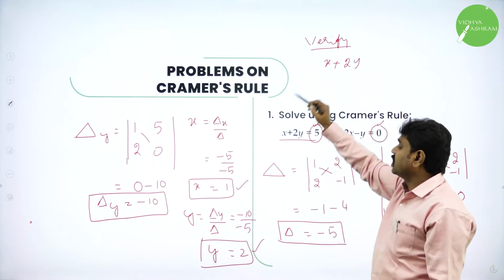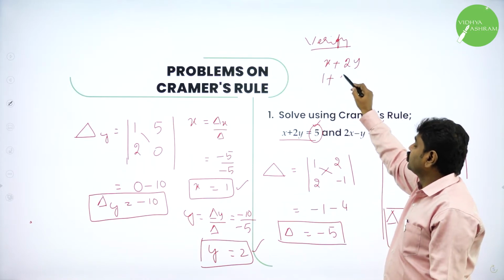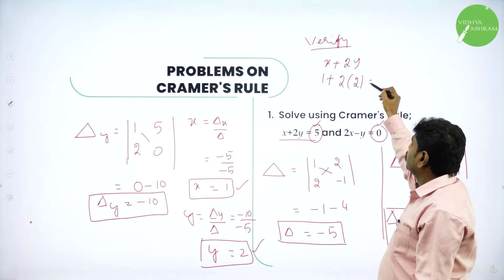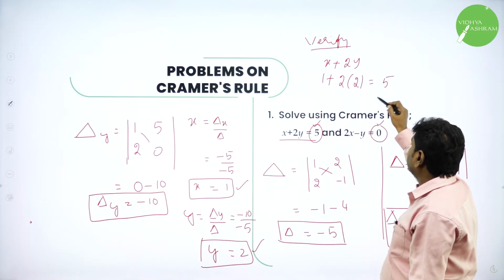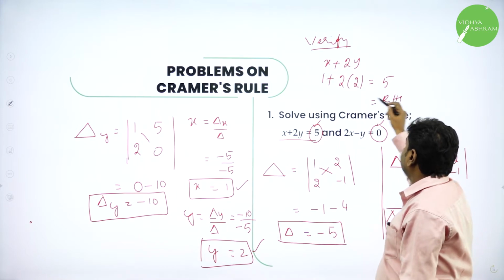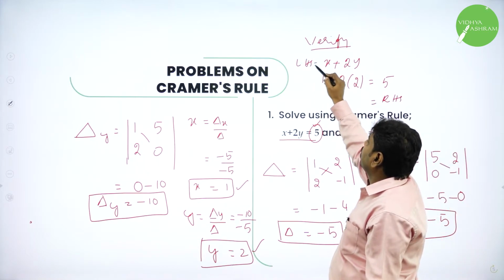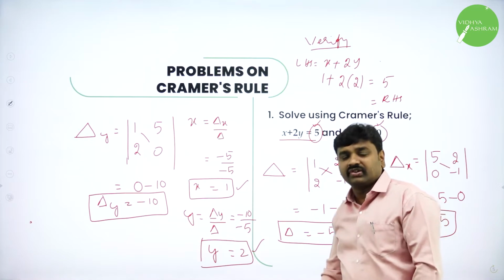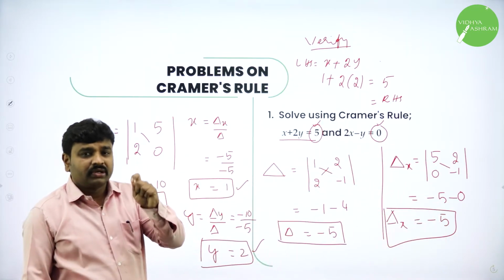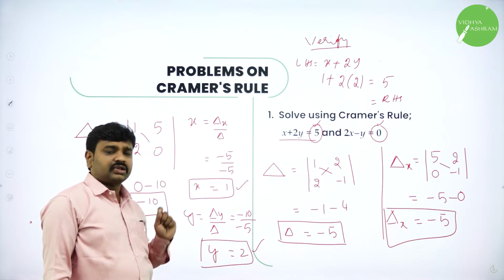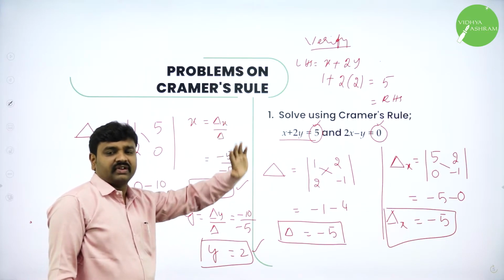So in the place of x, I'll put 1 plus 2 times 2. 2 twos are 4 plus 1, 5 I'll get. So this is the RHS. When I took the LHS of the first equation, I'm getting the RHS. So therefore, whatever the values of x and y you got are correct. So after you solve, don't stop. You have to verify. It's a good habit. It will take 10 seconds to verify that.